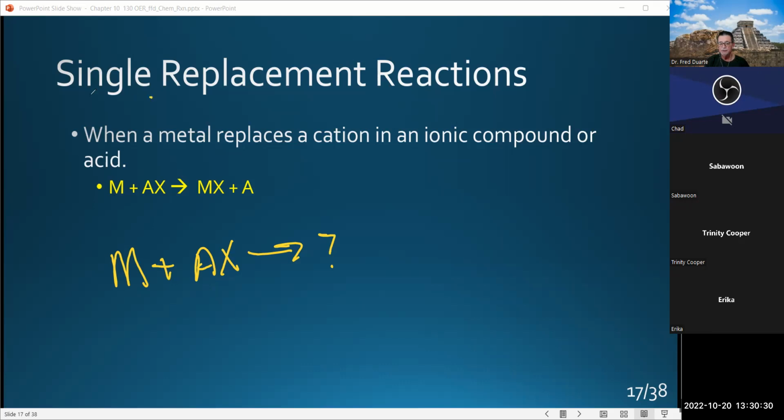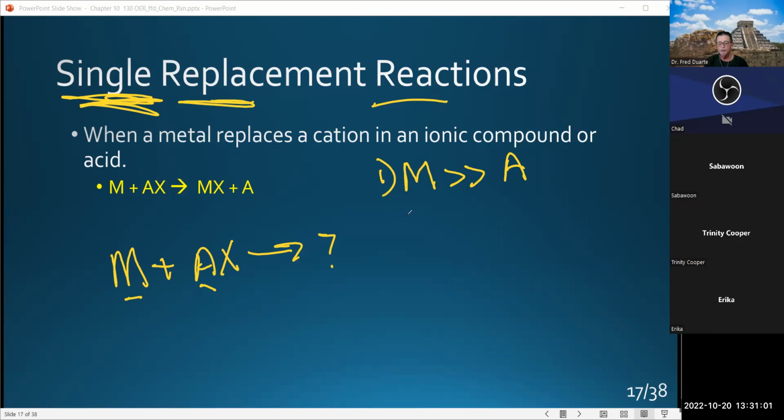So this is sending you to a single replacement reaction, okay? So question number one you do is you look at the corresponding metals, regardless if they're in ionic form or elemental form, and from that table, determine which is more reactive. So hypothetically, the table shows that M is more reactive than A, okay? So that's the first step we do. Which metal is more reactive?